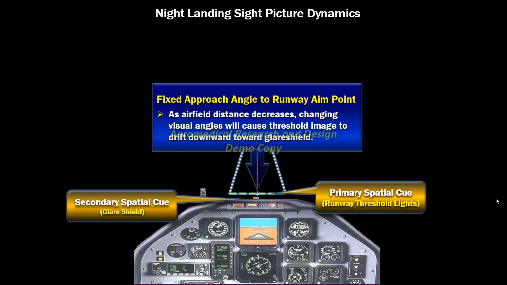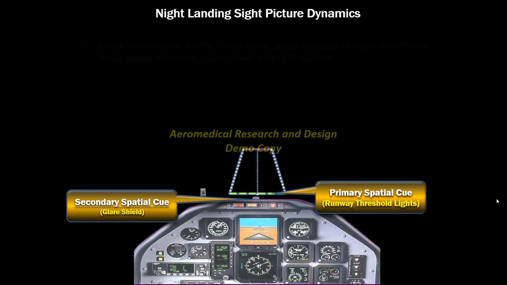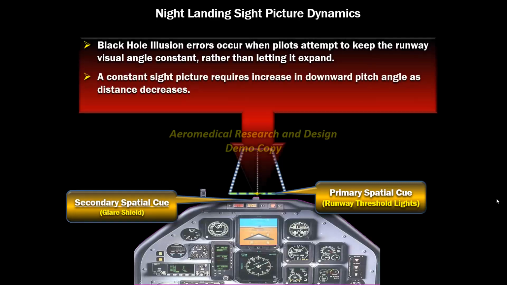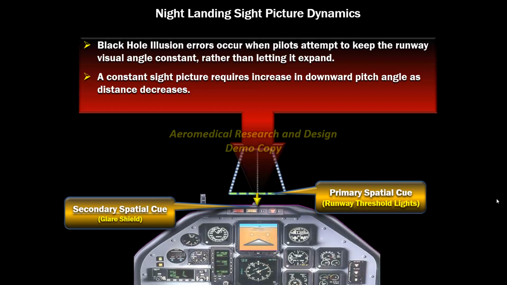Because a fixed 3-degree landing approach angle will cause the runway visual angle to expand as distance and altitude decrease, aeromedical researchers believe black hole illusion errors occur when pilots attempt to keep the runway visual angle constant rather than letting it expand. Unfortunately, in this situation, the only way a pilot can maintain a constant sight picture of the runway threshold is to slightly increase the aircraft's downward pitch angle as the distance to the runway decreases.